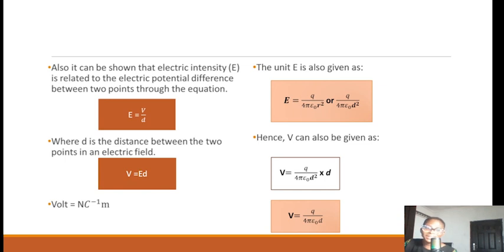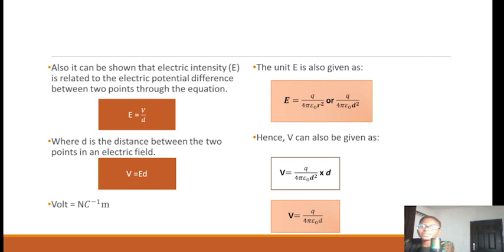So V then can be written as Q over 4 pi epsilon naught. Let me write it somewhere else so we can follow. We have that our V is equal to E multiplied by D, right?